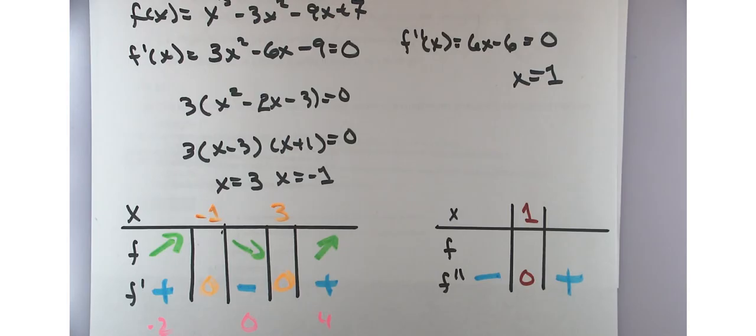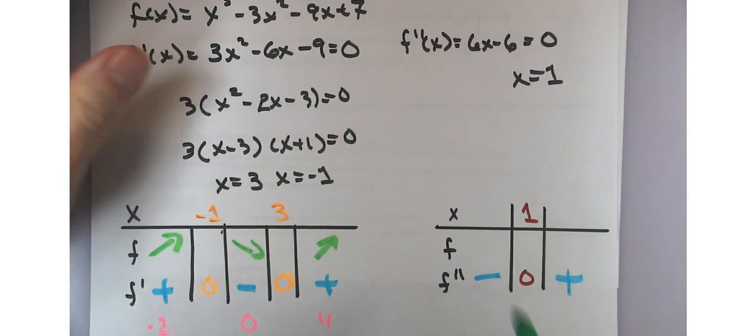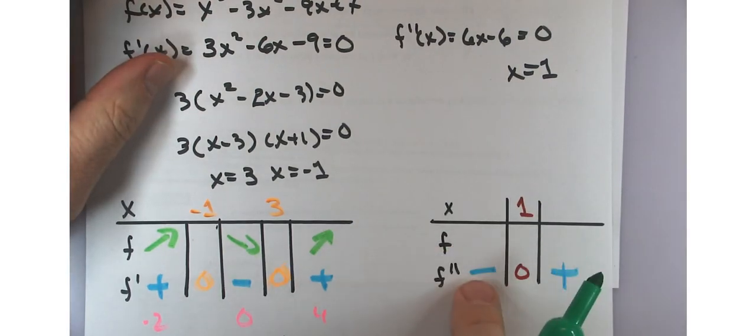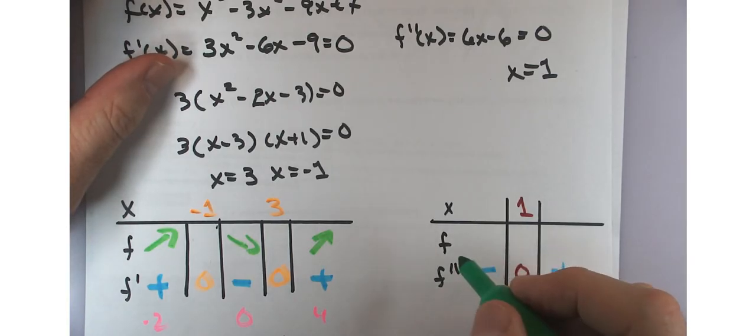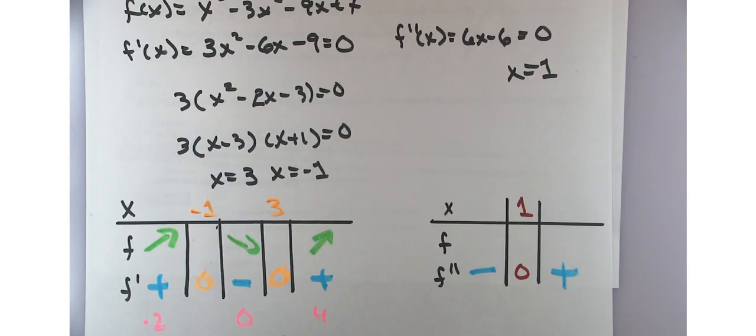Now let's be careful about our conclusions here. We're no longer talking about increasing and decreasing. So, Louis, what's going on with the function if the second derivative is negative? Rebecca, some help?